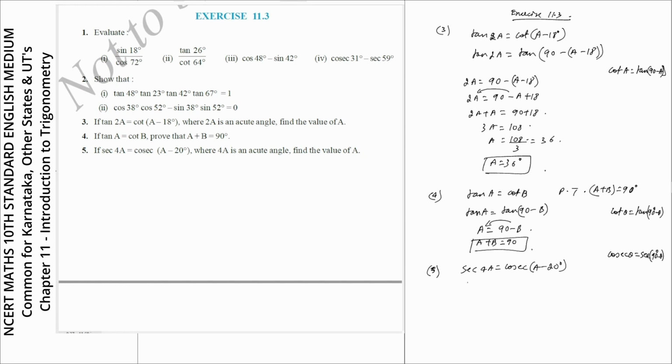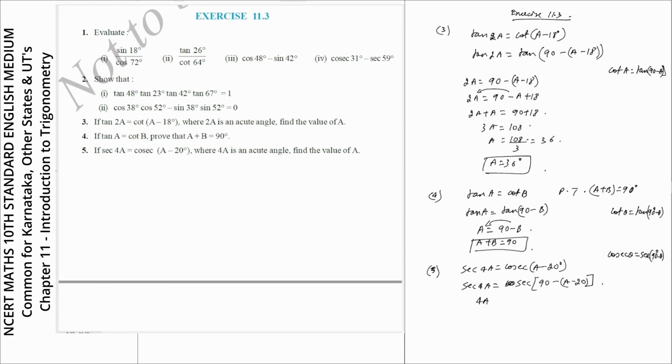Therefore secant 4a, right hand side I can write as, instead of cosecant I can take secant, but here I should write 90 minus a minus 20. Cosecant theta is equal to secant of 90 minus theta. Therefore, cosecant of a minus 20 is equal to secant of 90 minus a minus 20. So both left hand side and right hand side are same. So I can equate the angles.